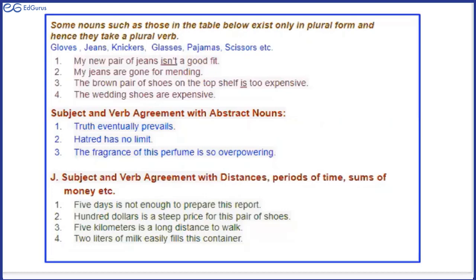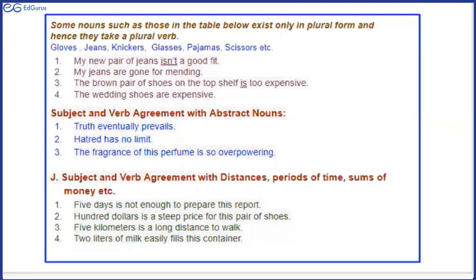In some cases, we don't. For example, jeans. Jeans is the plural subject. When we say pair of jeans, then it is singular verb. But when it is jeans only, then it is plural. Okay. Is that clear? Right. Got it? Similarly, pair of shoes, singular. But shoes, plural.